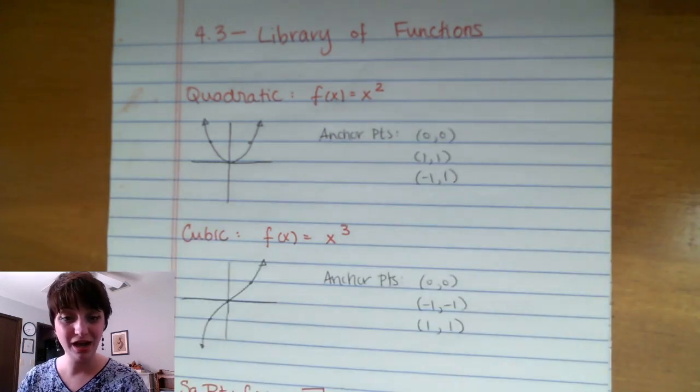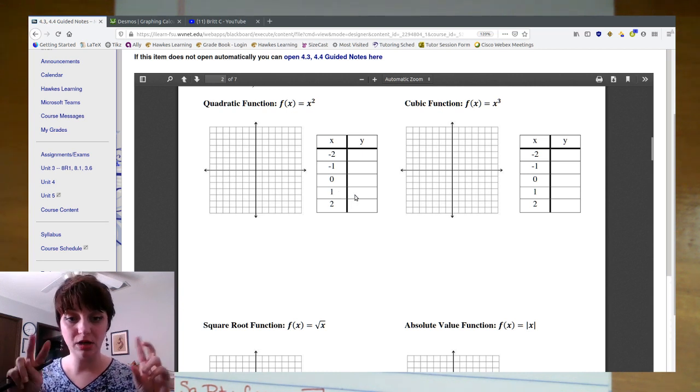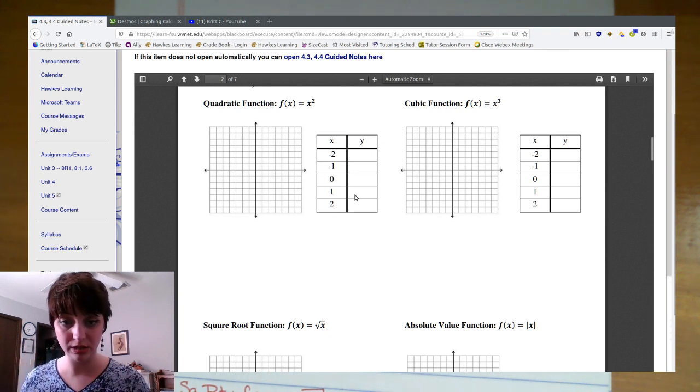And that's because x squared, when x is negative 1, well, negative 1 squared is 1. 0 squared is 0. 1 squared is 1. Okay, so these points are just me calculating the function at easy numbers. That's all that it is.